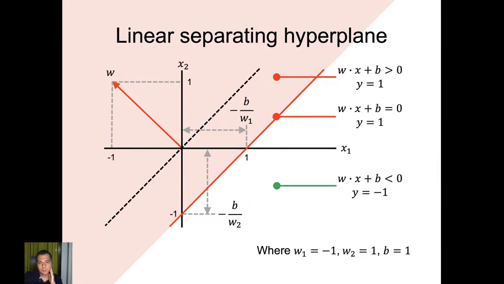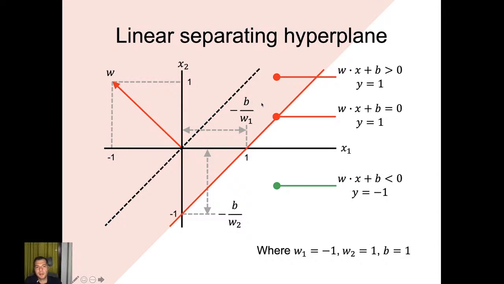In the geometrical interpretation of these parameters, we have W1 and W2. If we put together these components, they give us a vector W, which is normal with respect to the line defined by these parameters.